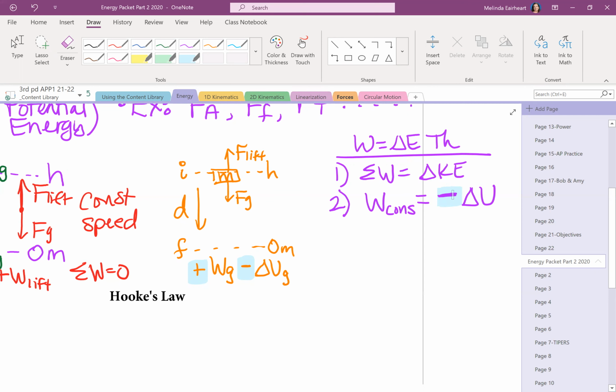Mass times acceleration simplifies to what unit? A Newton. And a Newton times a meter is a joule. Just like kinetic energy was a joule, potential energy, SI unit joules, okay? So it's still a joule.